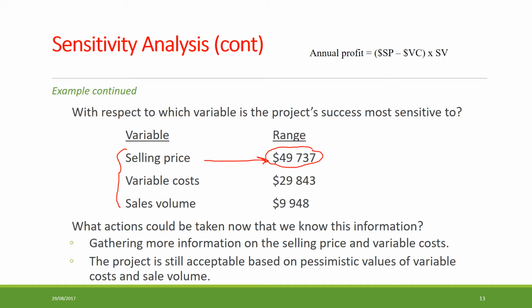So the action that we can take here is therefore to check how accurate our estimates of the sale price are. Also bearing in mind that with the sale price estimates, in our worst case scenario, we can make a loss, right? So there's a question mark here as to whether we want to do something with the selling price, right?